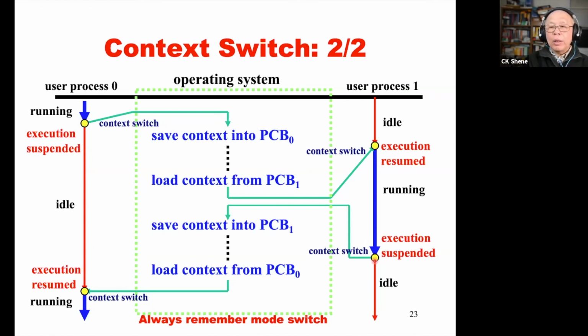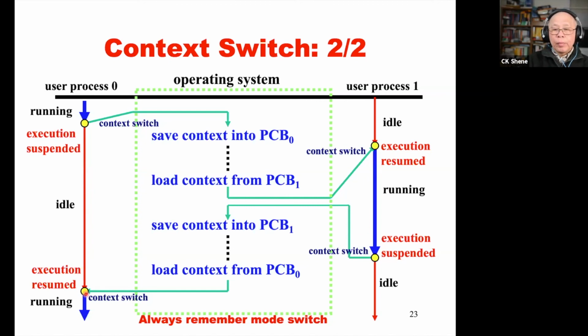When process 1 is suspended due to whatever reason, a context switch sends the CPU mode back to the kernel. The kernel saves the context of process 1 to PCB1 and loads the context from PCB0 for process 0. And then a mode switch sends the CPU back to the user mode, and then executes process 0 at the program counter. So this is the diagram for context switch.